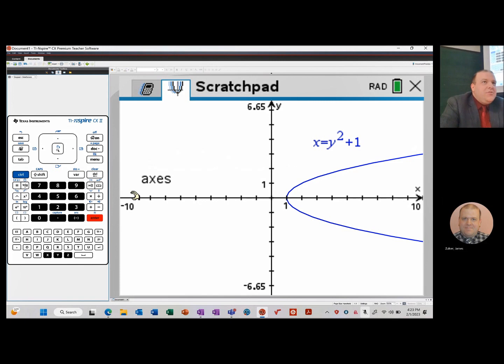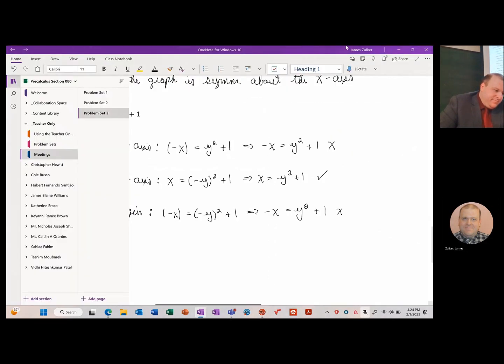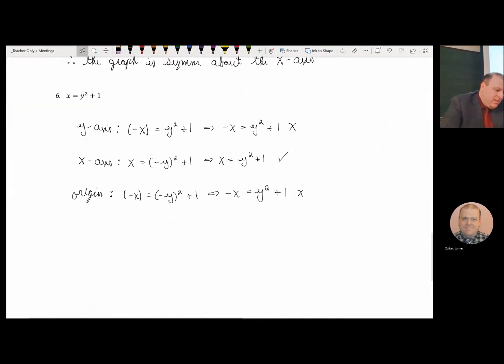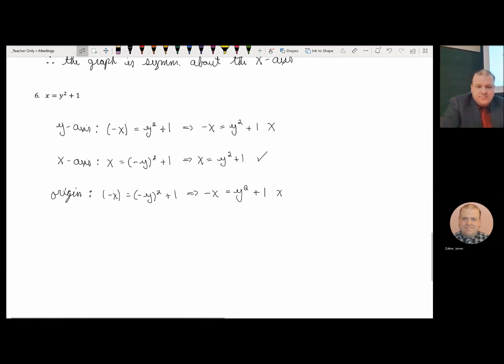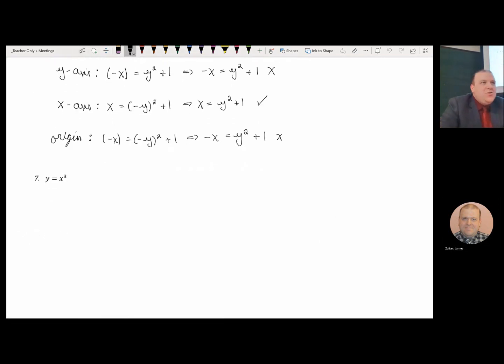So symmetric about the x, clearly. Right? What about y equals x cubed?